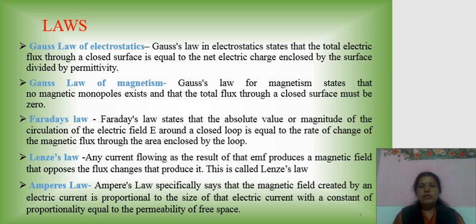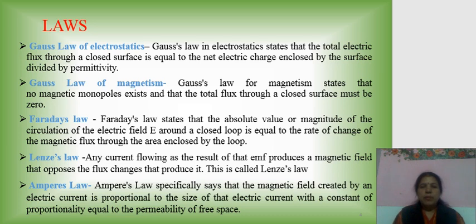Next one, Lenz's law. Here the negative sign shows that the Faraday's law and Lenz's law are the same. Any current flowing as a result of the EMF produces a magnetic field that opposes the flux changes that produce it. This is called Lenz's law.